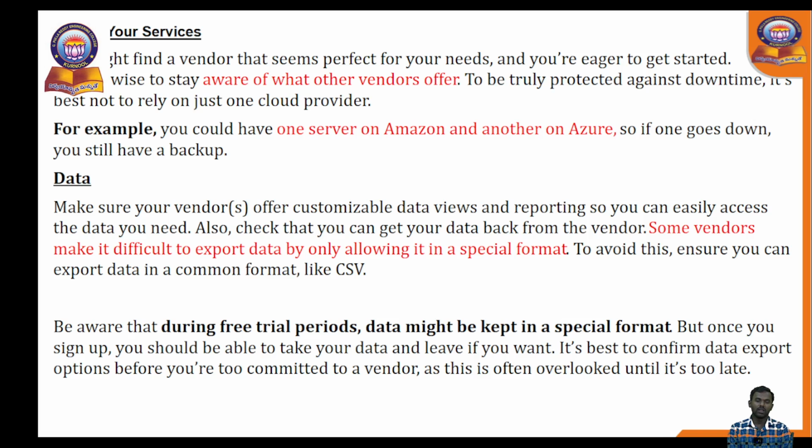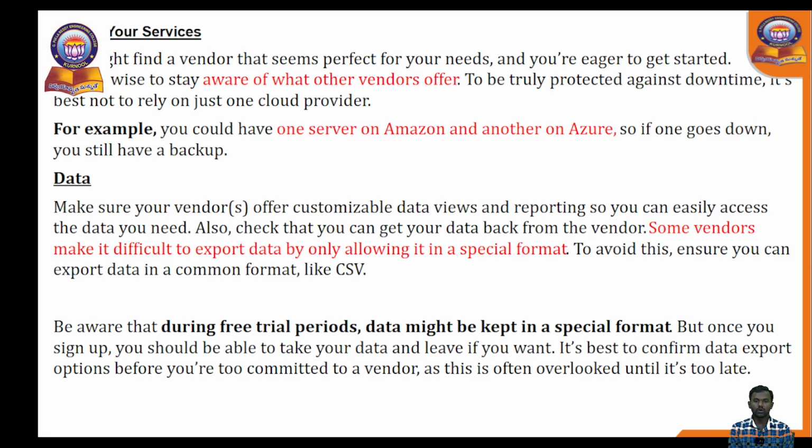For example, if we keep one server on Amazon and one server on Azure, and the server on Amazon goes down or the service is unavailable, the server we keep with the other provider, like Azure, will take care of our services. We still have the backup on the other servers. That is, spread your services. Look for other service providers.